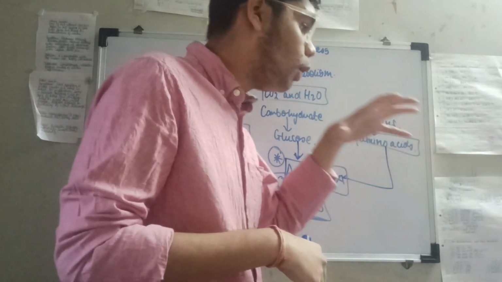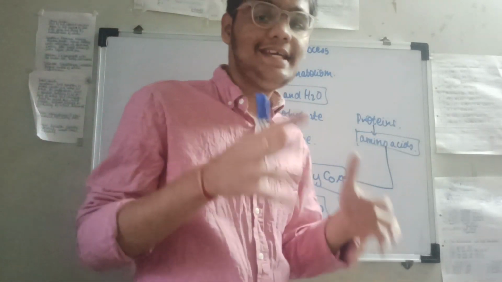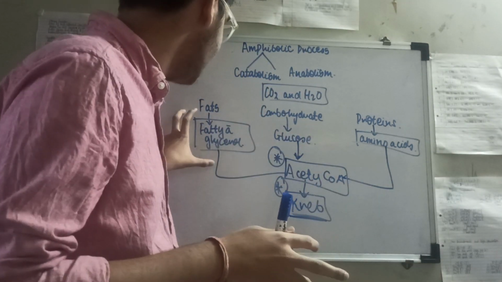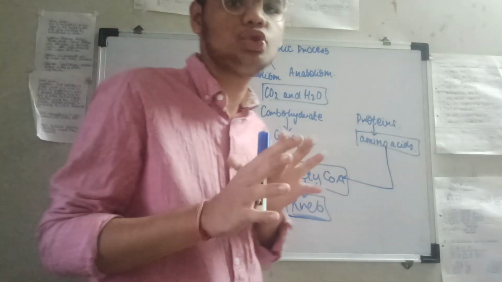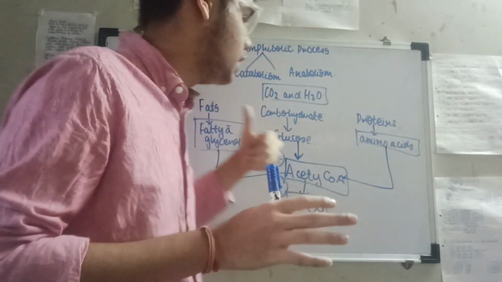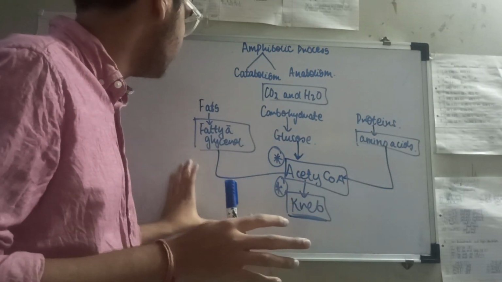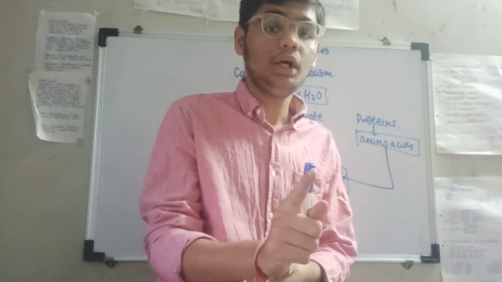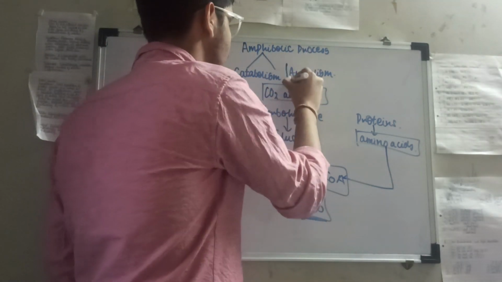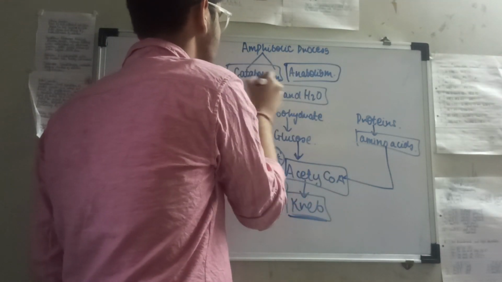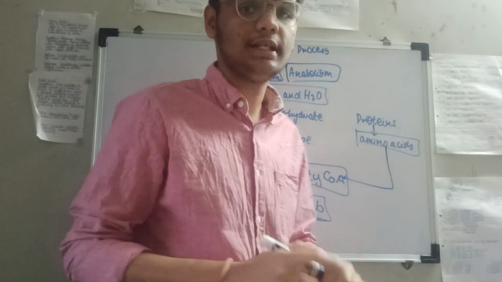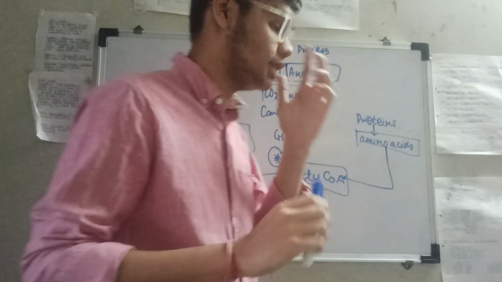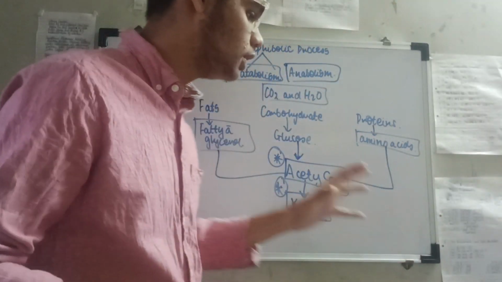Like if the body needs fatty acids, then acetyl CoA will be converted into fatty acid and then synthesized for the body. And if we respire fatty acid, then it will be broken down. Means anabolism as well as catabolism is taking place. That's why respiration is termed as an amphibolic process. This we covered.